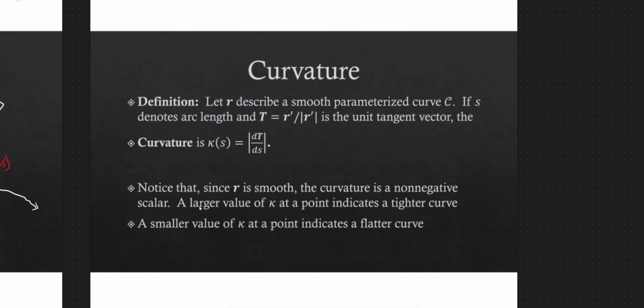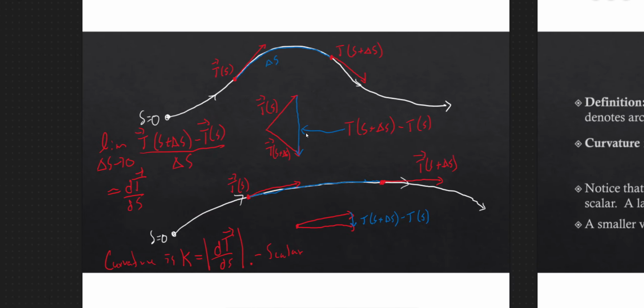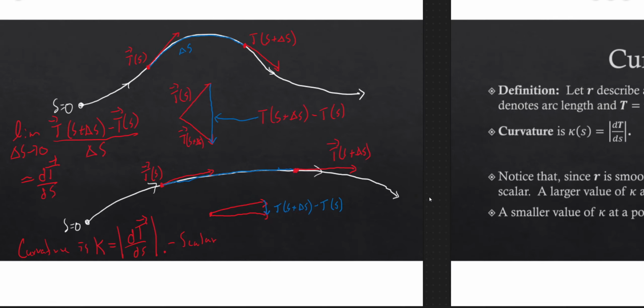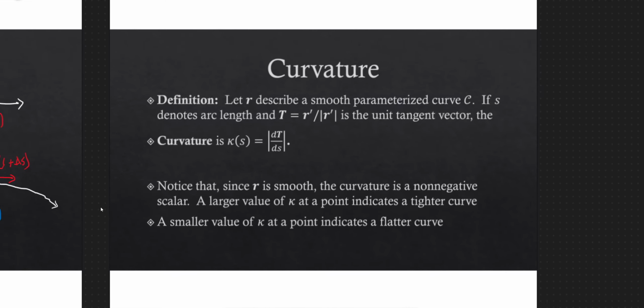And the idea here is more curvature, larger value of kappa at a point indicates a tighter curve. So that's coming from over here. If my vector is bigger, then my magnitude of that will be bigger. I'll have higher curvature here than down here. And then smaller value of kappa, of course, indicates a flatter curve.